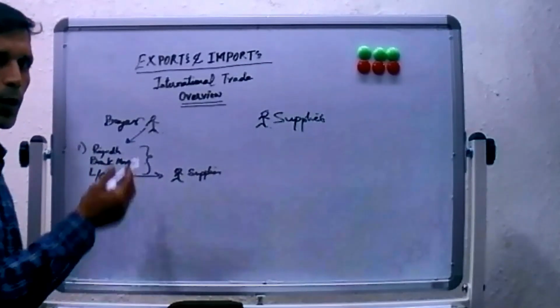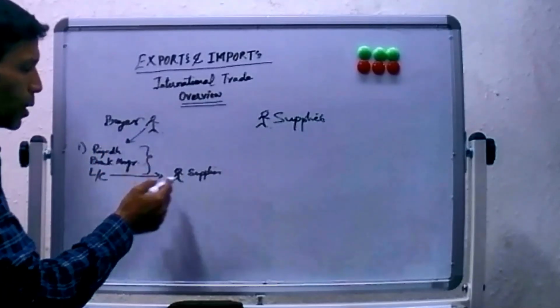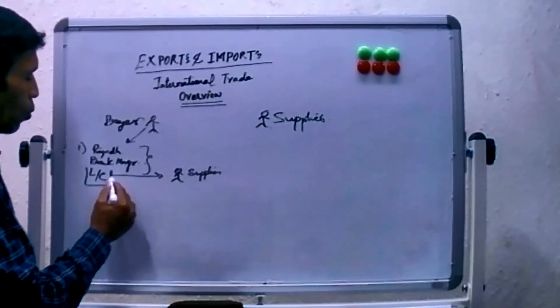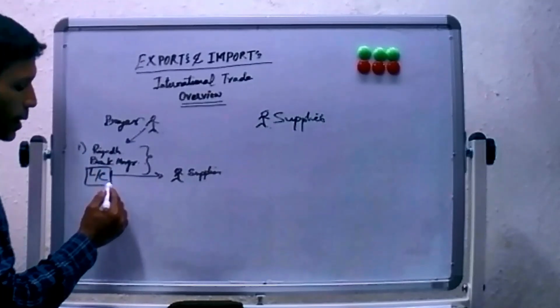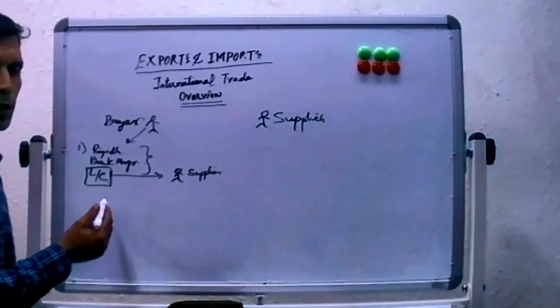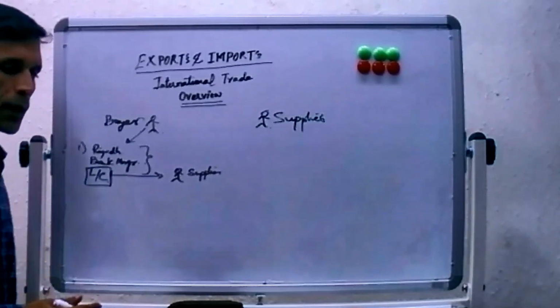This direct buyer is directly dealing with the end supplier, so there is no agent here. Once the buyer opens the LC, it has all the contract terms and conditions written in it, like how the packing is going to be.